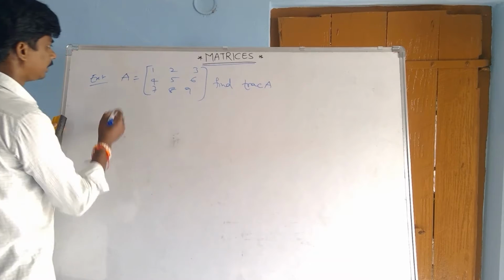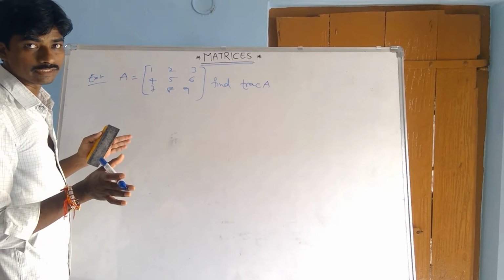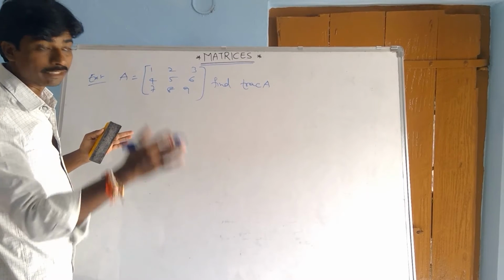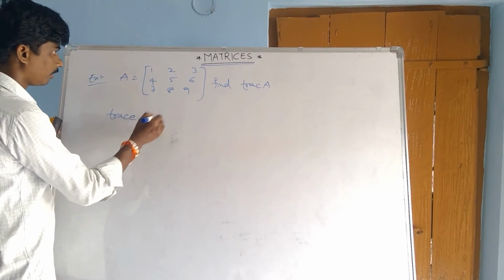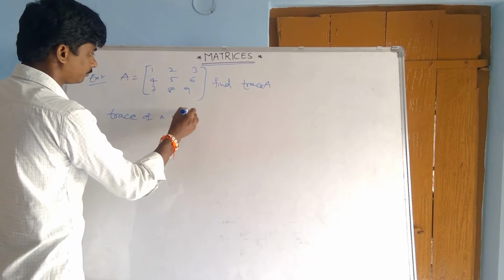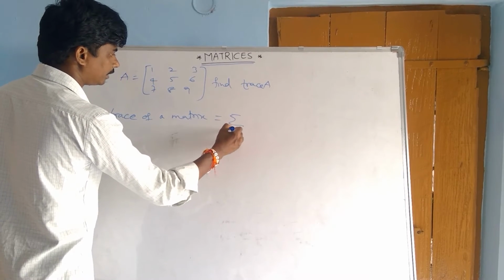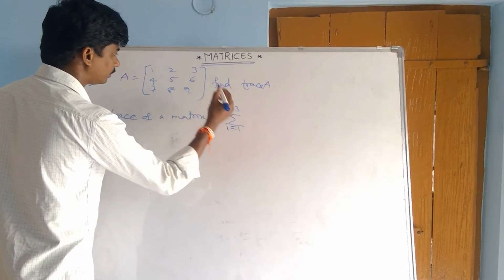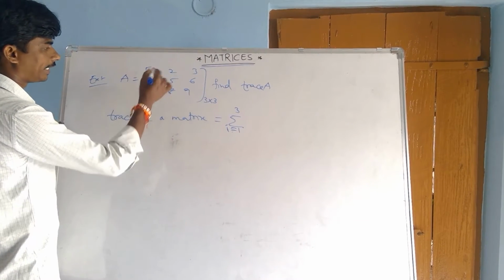See here, by definition the trace of a matrix is the sum of the diagonal elements. Trace of a matrix equals summation, where i goes from 1 to 3 because here it is a 3 by 3 square matrix, 3 rows and 3 columns.